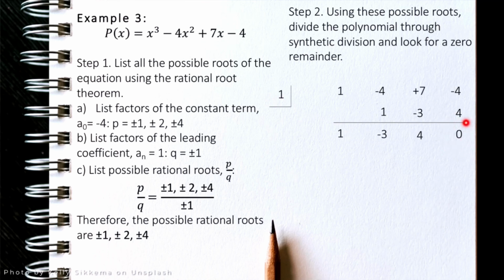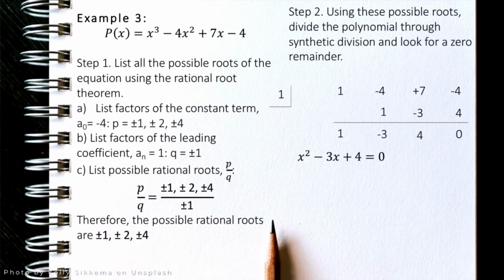Since the remainder is equal to 0, positive 1 is a zero of our polynomial function. Now, since the quotient is a quadratic polynomial, therefore, we can use factoring or the quadratic formula to solve for the other roots.